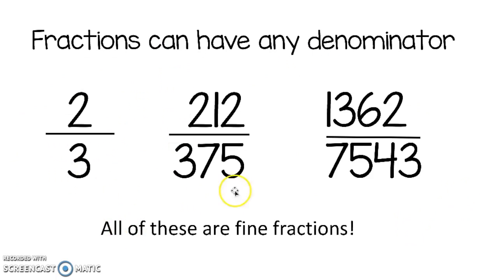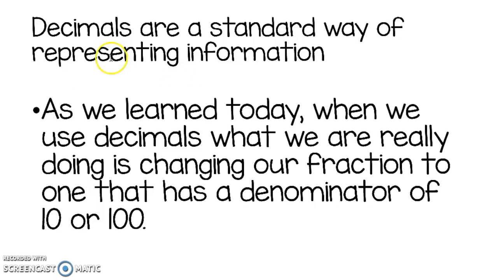All of these are fine fractions, they're all allowed. You can have a denominator of 7,543, but it makes it pretty hard to compare fractions in that form. So decimals are a more standard way of representing information.